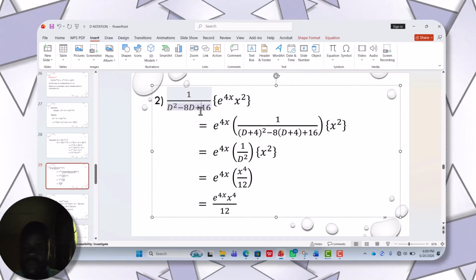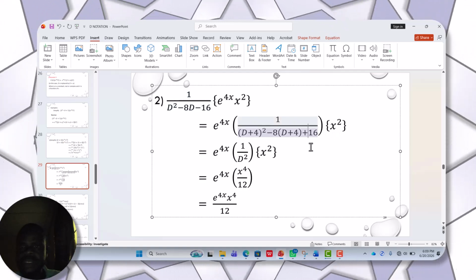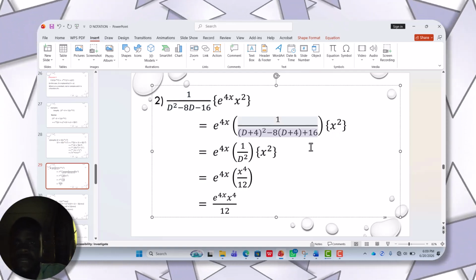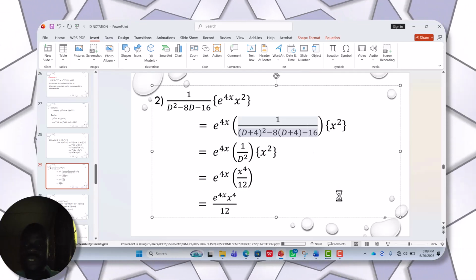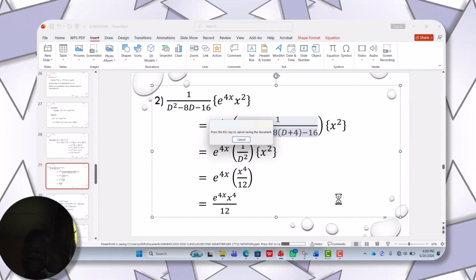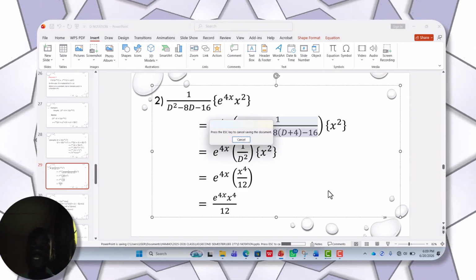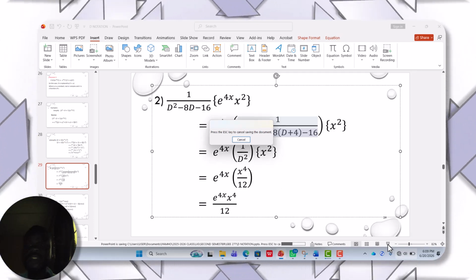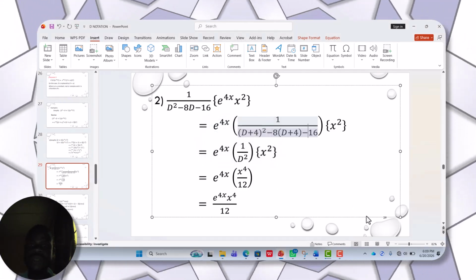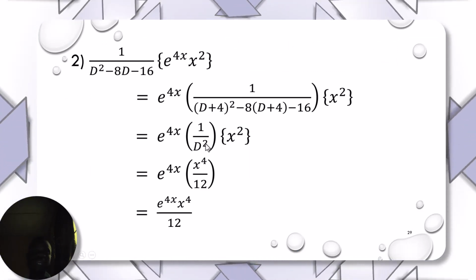Here should be minus 16, because if it's plus, it's supposed to give me 32. So it's minus. Let's just allow it to save so that we can continue. Sorry for that error. I did not see it before the class, I just noticed it now.